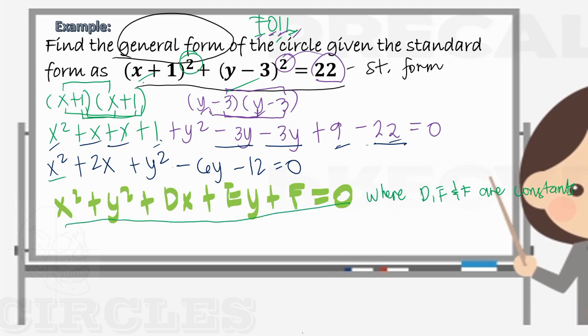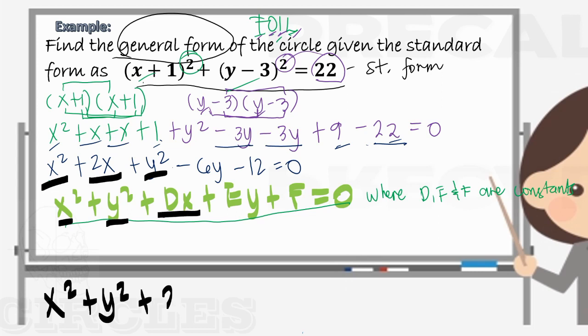So, x squared plus y squared, plus dx, ito yon, 2x. So, ito yung 2, ito yung constant. Plus ey, minus 6y. So, negative 6 yung constant.